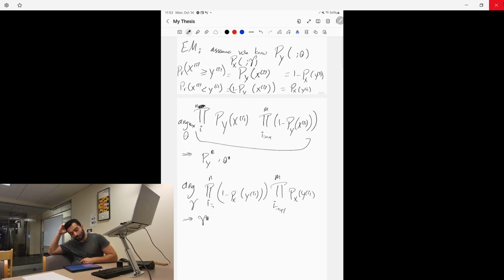Well, okay, it is just 2 steps, it's not like 10,000 steps repeatedly. Once you have theta star and once you have x gamma star, that's it.